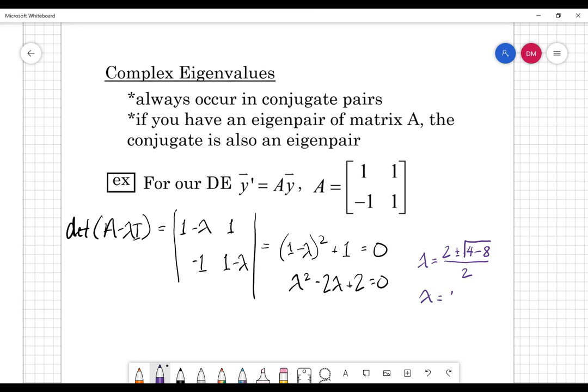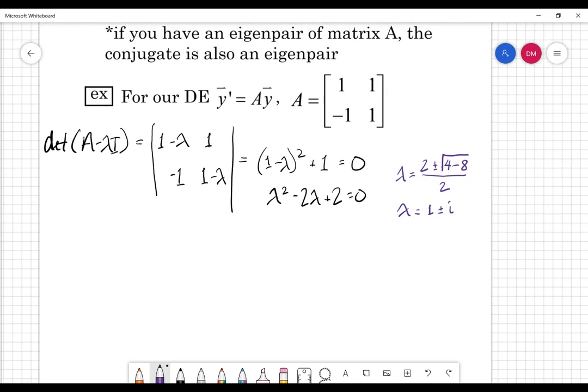So this reduces to 1 plus or minus i. This is where I was saying this is going to make our job a little bit easier: we are going to use 1 plus i to find an eigenvector.